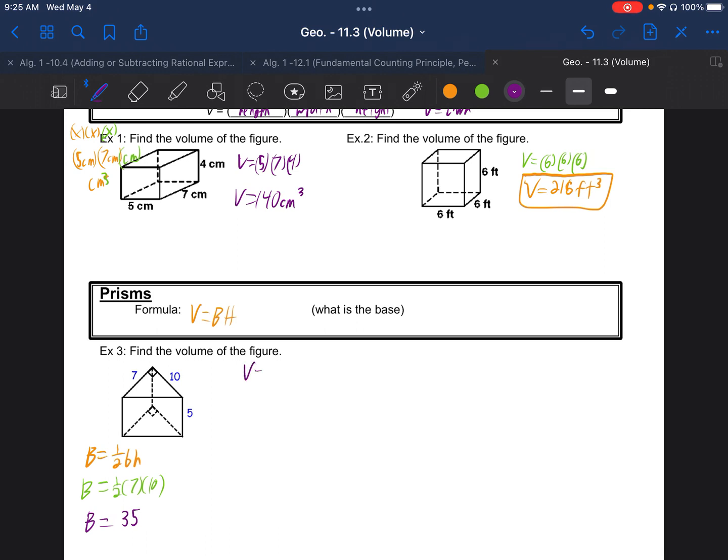So now we know for our formula we need area of the base times the height. We know the base to be 35. We know the height to be 5, distance between the two bases. So we plug this one in, and we say, okay, well, volume is equal to 35 times 5. And so we end up getting the volume of this prism to be 175.